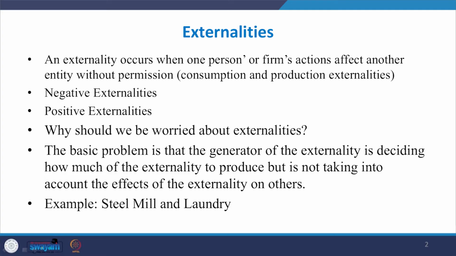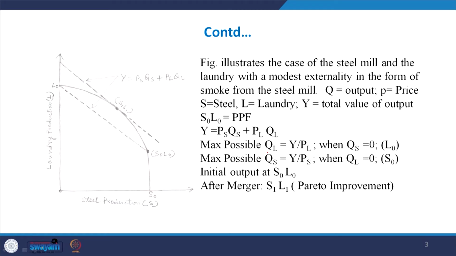Let me take the production possibility curve with two products, one is the steel product, produced by the steel mill and taken on the x axis, and the other is laundry, like cleaning clothes. I can explain it by a graph.